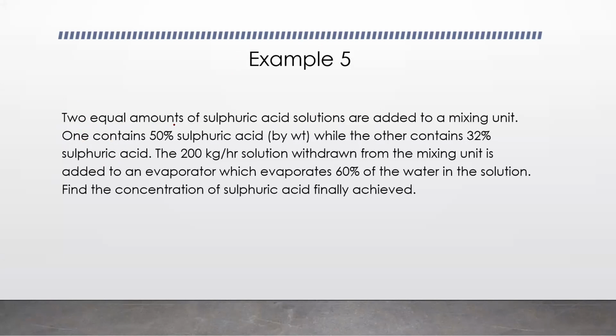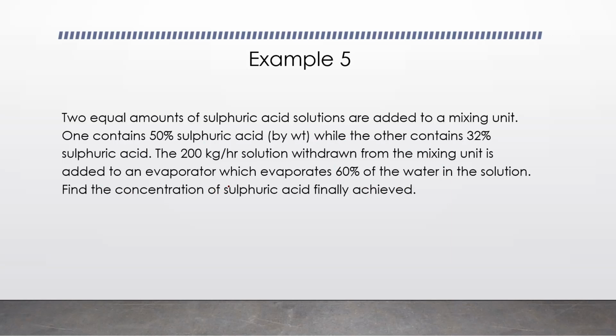Two equal amounts of sulfuric acid solutions are added to a mixing unit. One contains 50% sulfuric acid, while the other contains 32% sulfuric acid. The 200 kg per hour solution withdrawn from the mixing unit is added to an evaporator, which evaporates 60% of the water in the solution, and the concentration of sulfuric acid finally achieved.